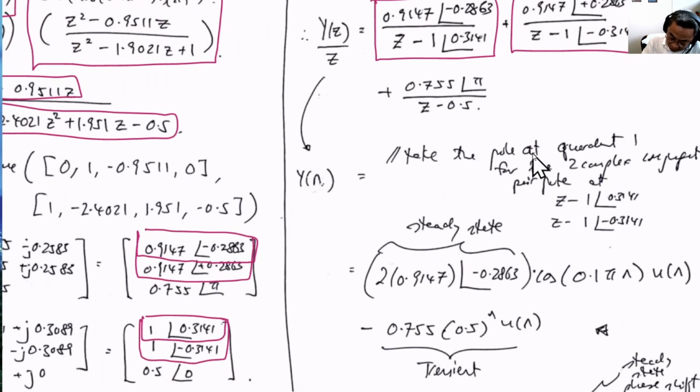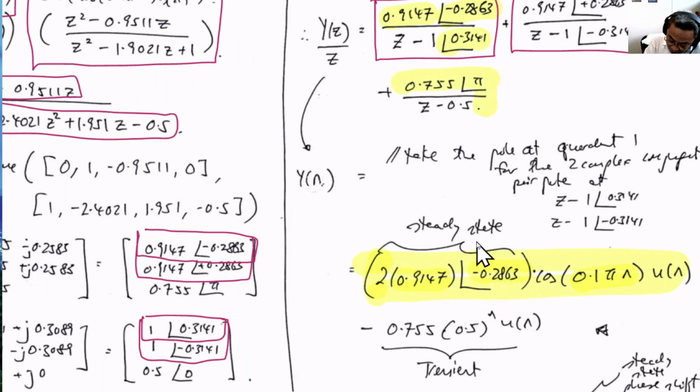Anyway, what you will realize is that when you manipulate, 0.91 drops out here, minus 2.83 drops out here, and because there are two of them, so we have a 2 here, and the pole is sitting at 0.1 pi. So 0.1 pi is 0.314. So you see, these two terms together form this cosine with this gain and phase shift.